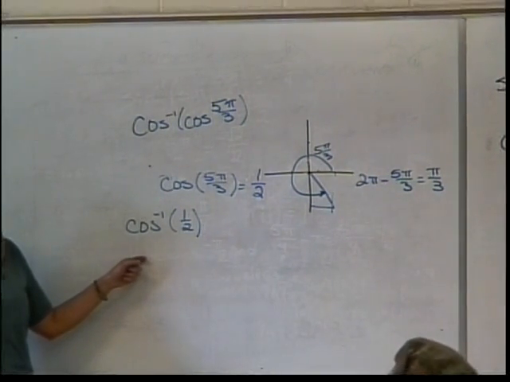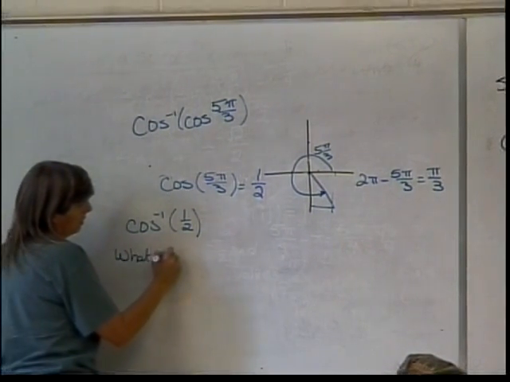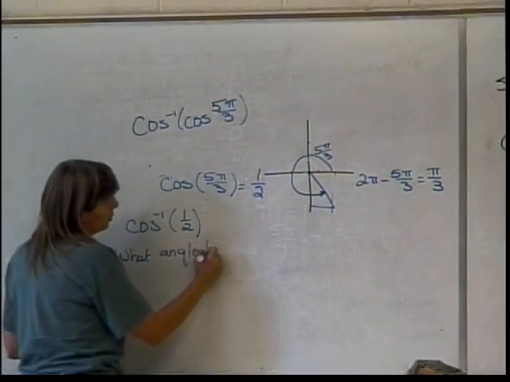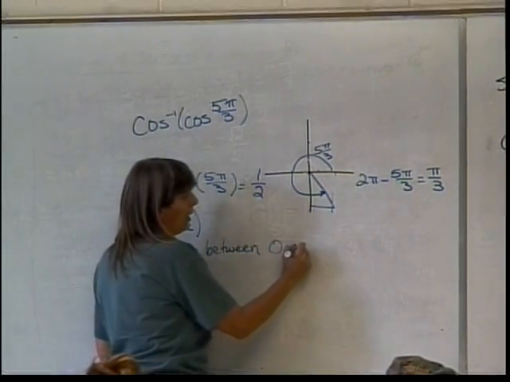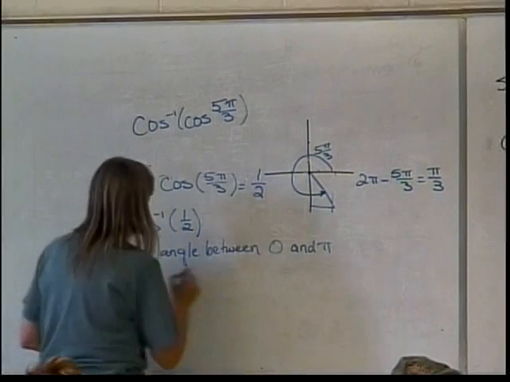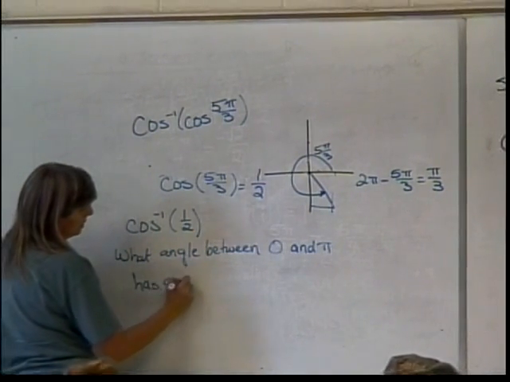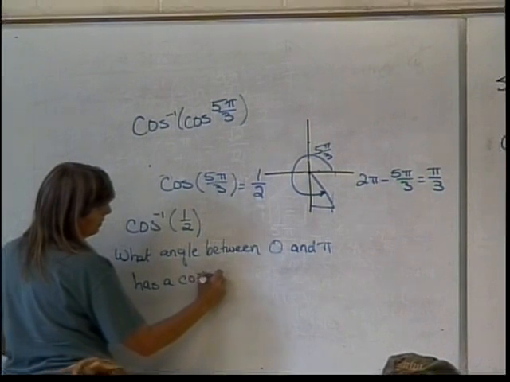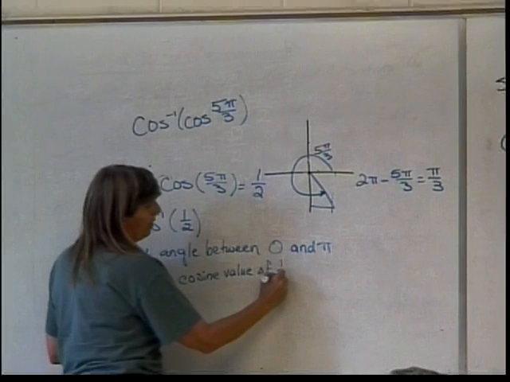The question for the cosine inverse is what angle between 0 and pi, oh, I forgot the inclusive part, has a cosine value of 1/2.